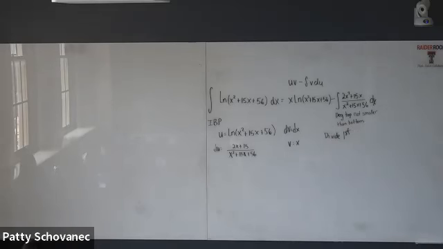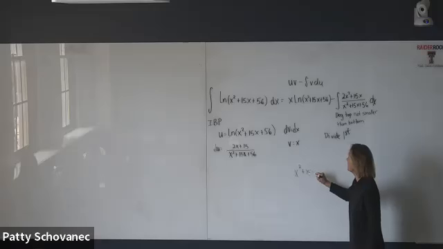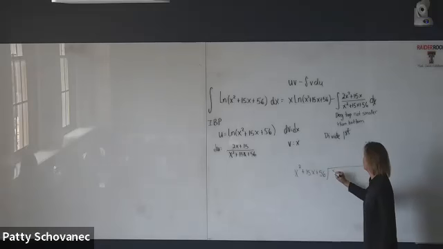So we take the bottom into the top. x squared plus 15x plus 56 into 2x squared plus 15x.